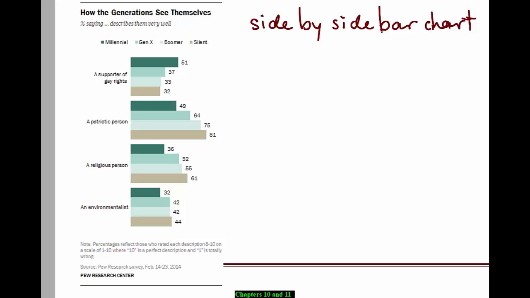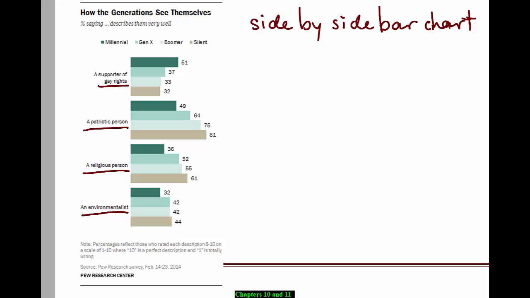So what does it mean to be a side-by-side bar chart? Well, just like the stacked bar chart, we have these main categories. Notice again that in between the main categories, the bars don't touch. However, in the smaller categories, again, your key is up here for who's who. In the smaller categories, they do touch.